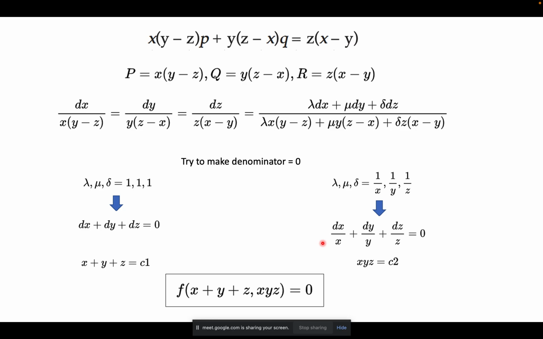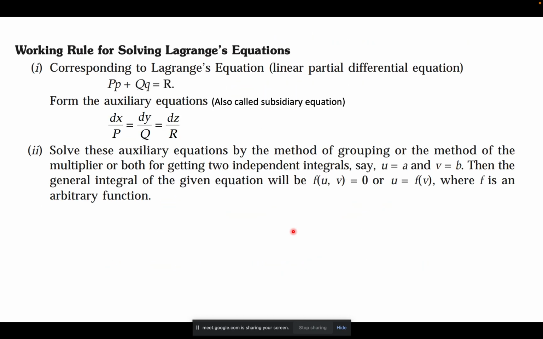Like in the assignment also, you will see there are many problems which involve such types of functions, where it's not easy to completely separate the functions as we have seen in the earlier problem, and you need to use this method of Lagrange's multiplier in order to solve such partial differential equations.